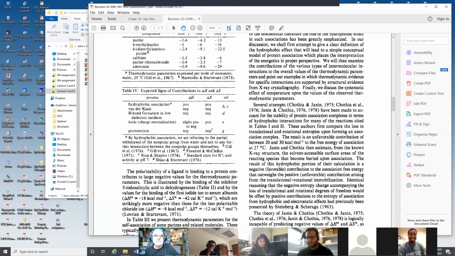So notice, van der Waals contacts are negative-negative. Hydrogen bonding is negative-negative. Protonation is negative-negative. So those negative-negative interactions, negative enthalpies, negative entropies for small molecule interactions or ligand protein interactions apparently are determined by van der Waals contacts, hydrogen bonding, and protonation.